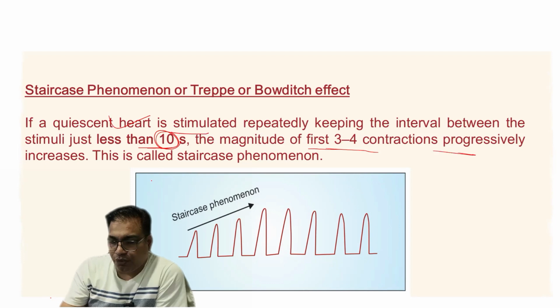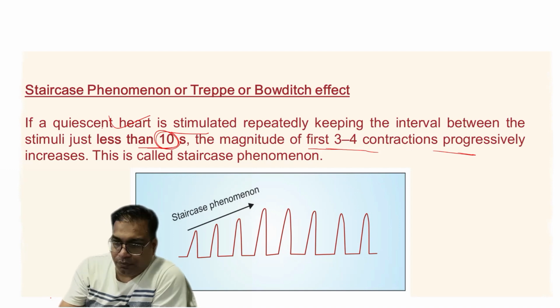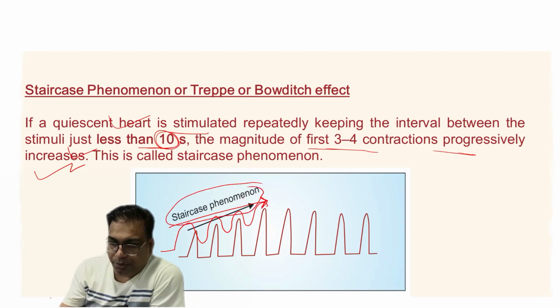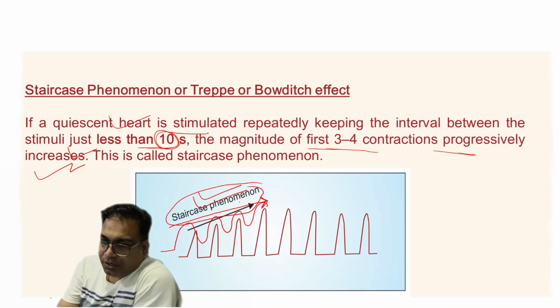For the initial 3 or 4 contractions, the magnitude increases. So there is a formation of a staircase in this graph. The amplitude of contractions is increasing continuously, so there is a formation of steps or stairs. We are calling it staircase phenomenon or the beneficial effect.